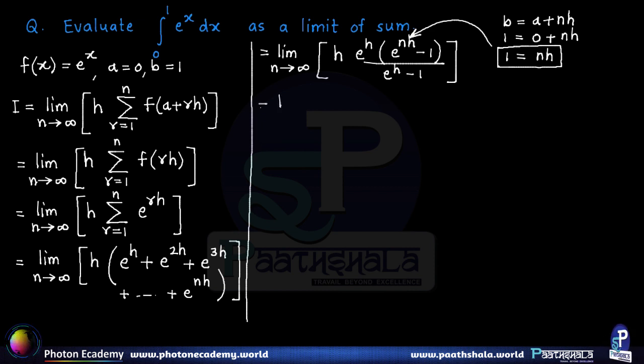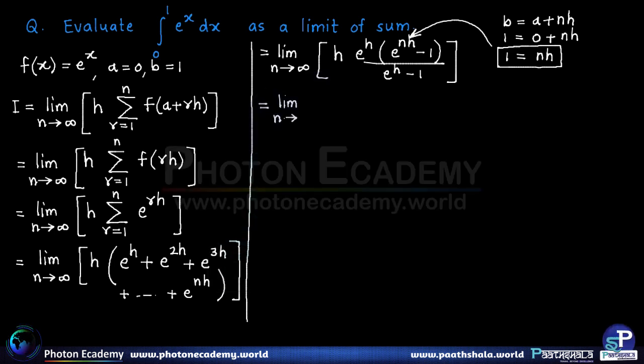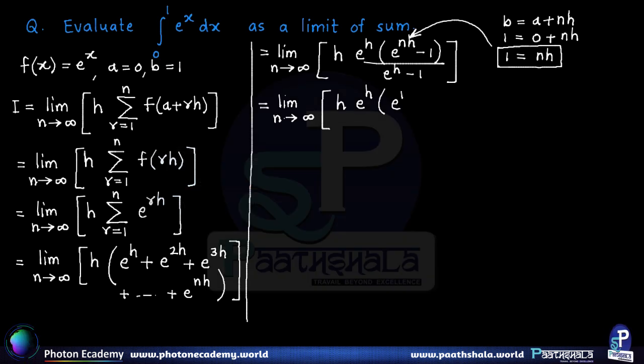So therefore moving ahead, we have limit n tends to infinity h e raised to h, here we will have nh is nothing but 1, so we have e raised to 1 minus 1 whole upon e raised to h minus 1.